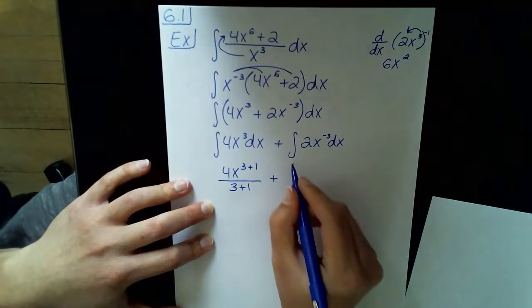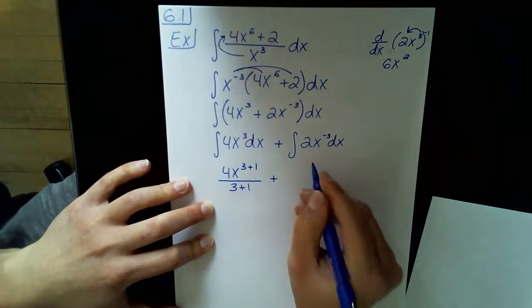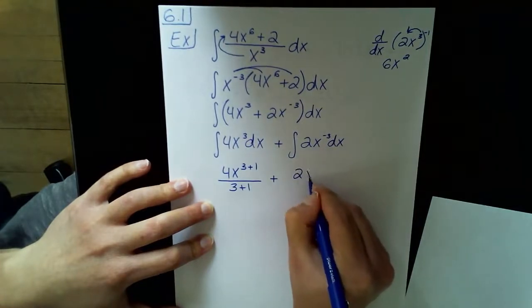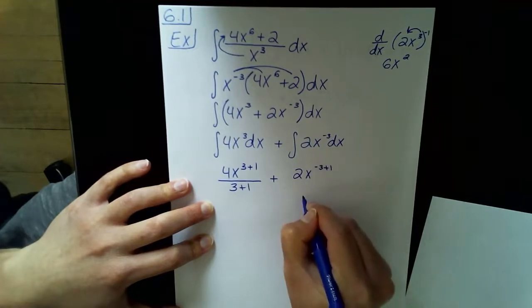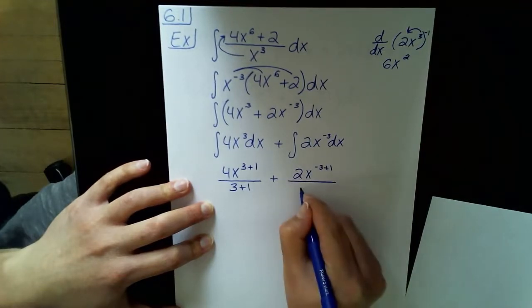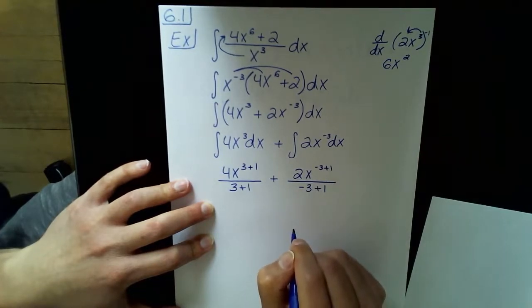Here we have plus the antiderivative of 2x to the negative third. We have 2x to the negative 3 plus 1 all over negative 3 plus 1.